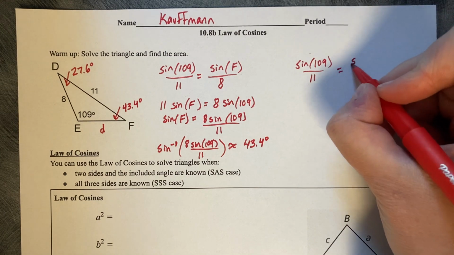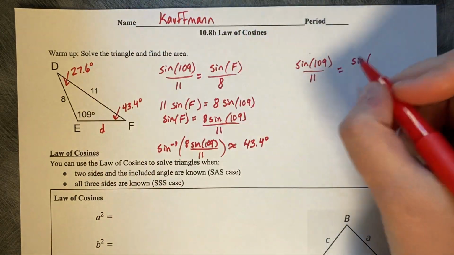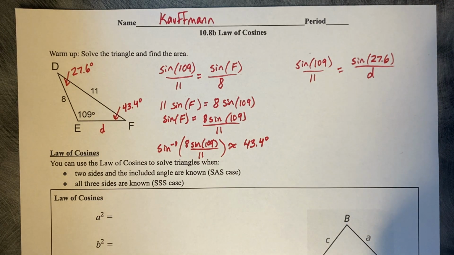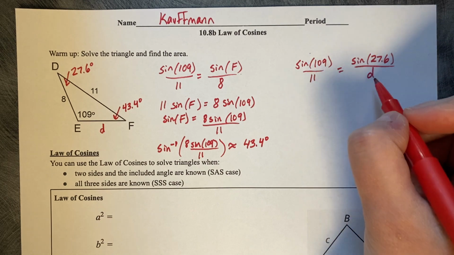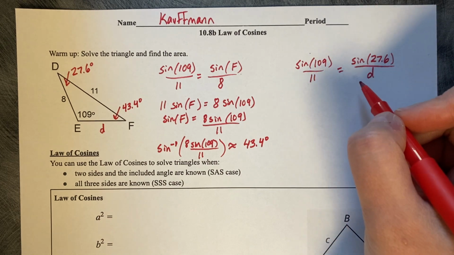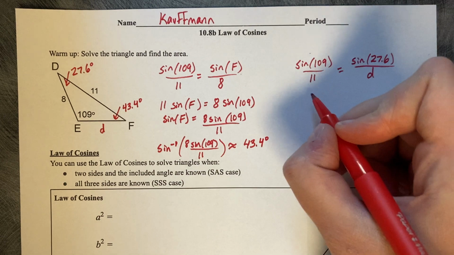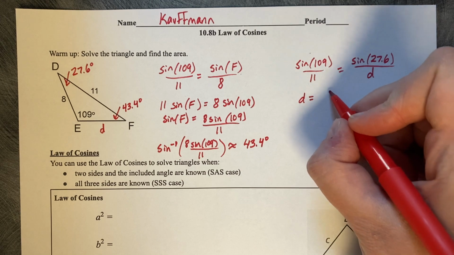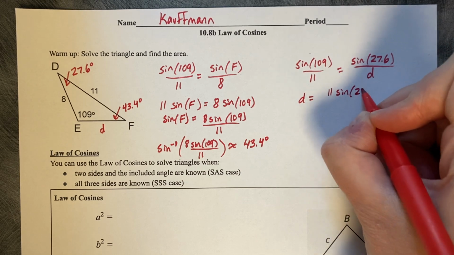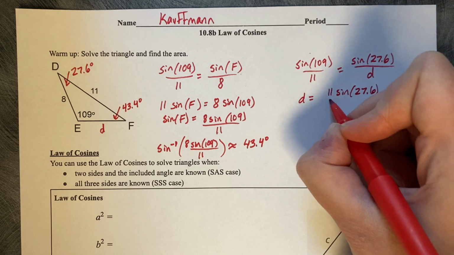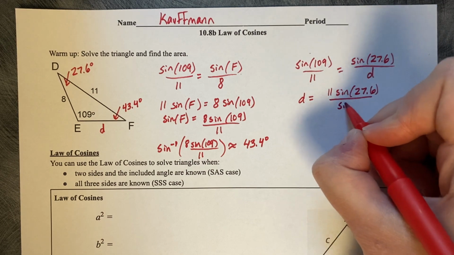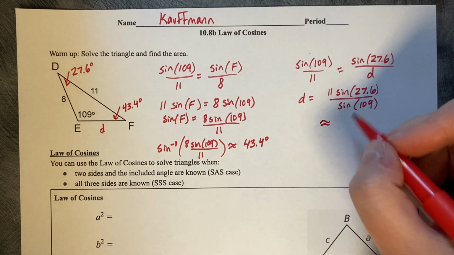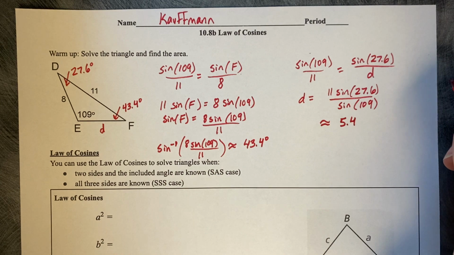And then now I have the sine of my new angle measure that I calculated, 27.6, over our missing side length D. Cross multiply, so D times sine of 109 equals 11 sine of 27.6, and we're going to divide off the sine of 109, so I'm going to do it all in one step. So D equals 11 sine of 27.6 divided by the sine of 109. And when you punch that into your calculator, side length D is approximately 5.4.